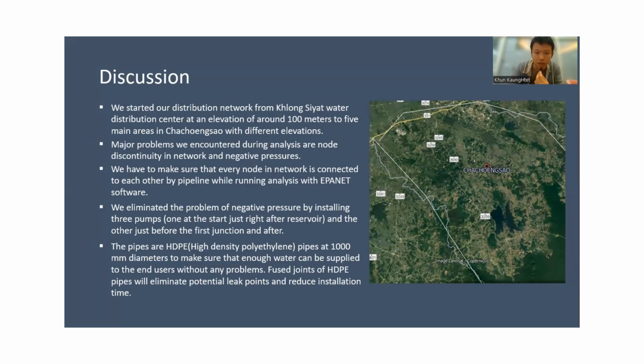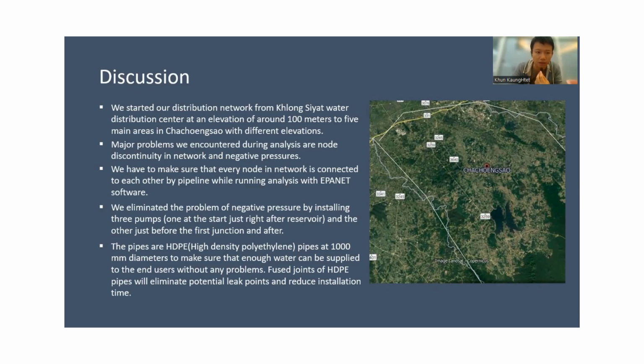So we have to be extra careful not to leave any node unconnected while running the EPANET software. Otherwise, the result will create air conditions at these nodes, and we won't get our desired result.